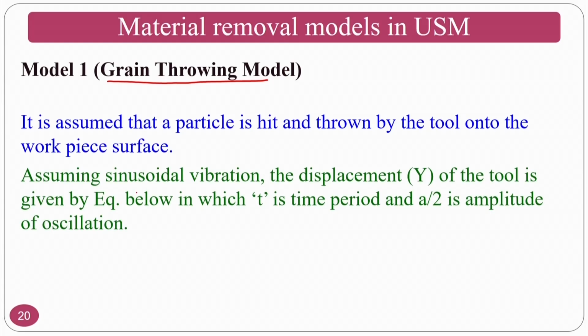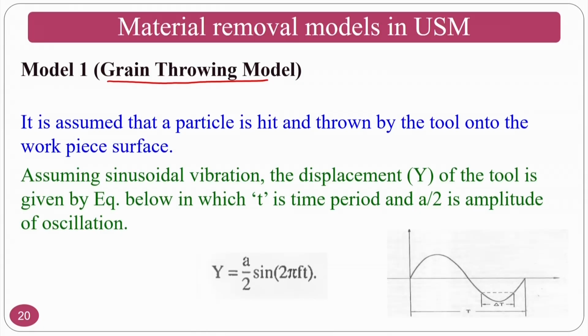Assuming sinusoidal vibration, the displacement y of the tool is given by the equation, where T is the time period and a by 2 is the amplitude of the oscillation. Normally it is assumed that sinusoidal vibrations are given.